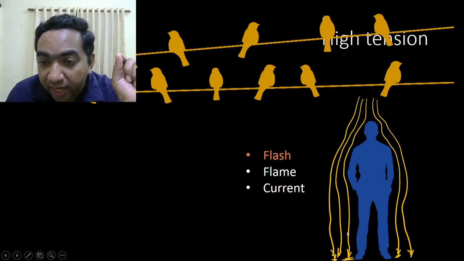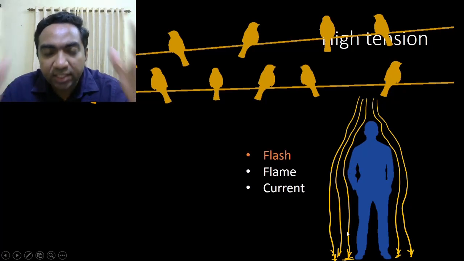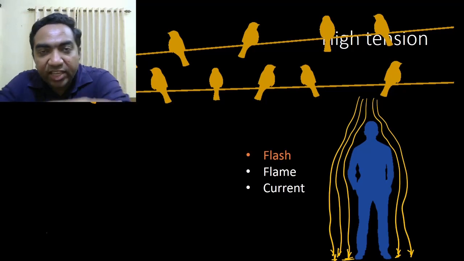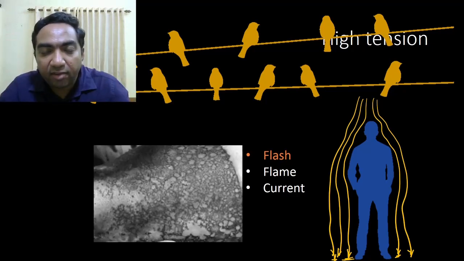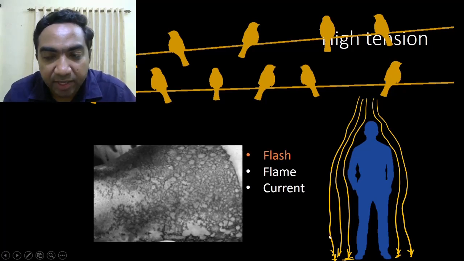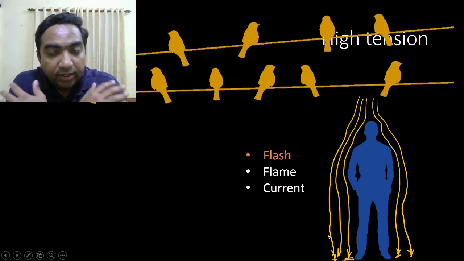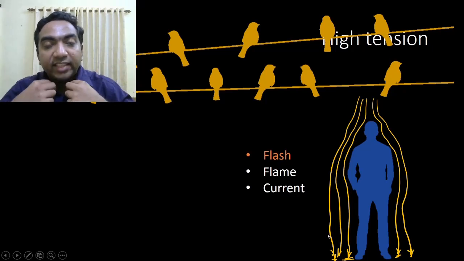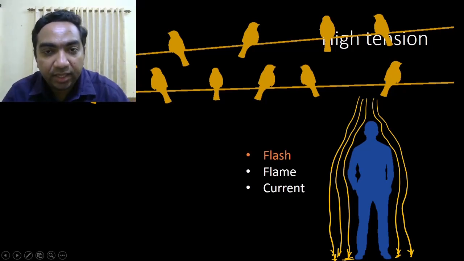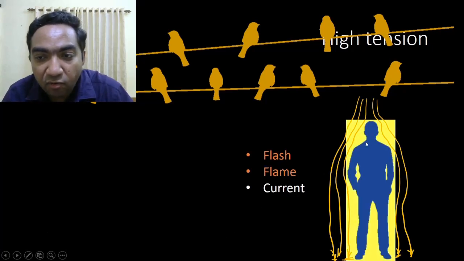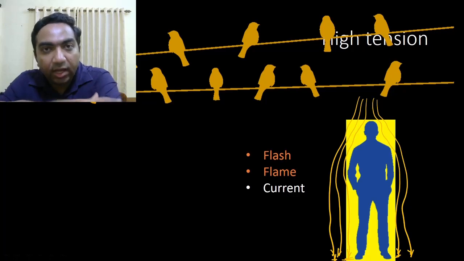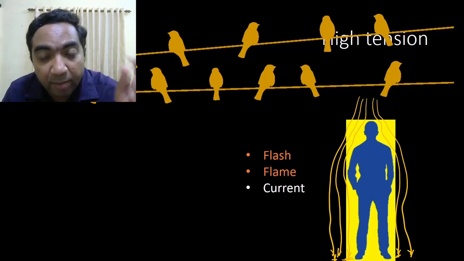This passage of current will heat up the air surrounding the patient, and that will cause a flash burn over the skin of the patient. Next, this heated air can sometimes catch fire in the dress of the patient and that will result in a flame burn. The dress catches fire and it will cause the routine thermal burns or flame burns.